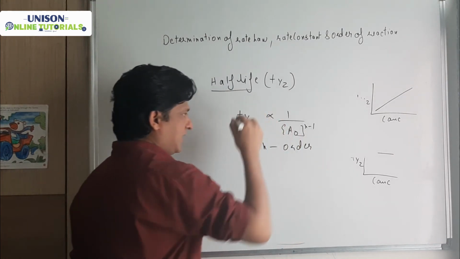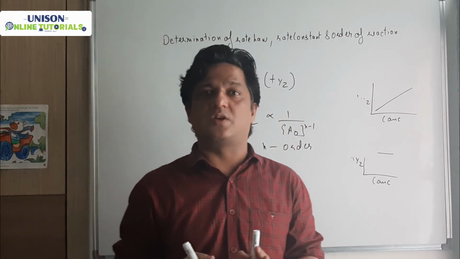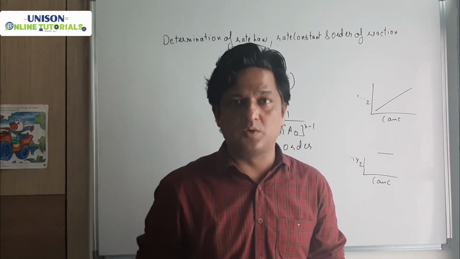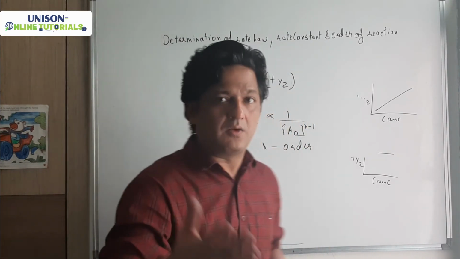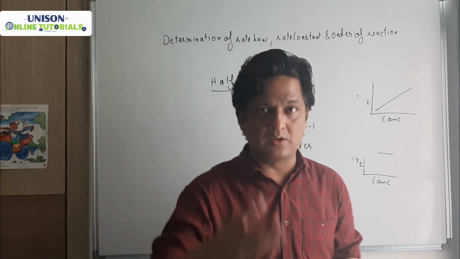So if we have t half for two different initial concentrations, we can calculate the order. Let's take up a question.